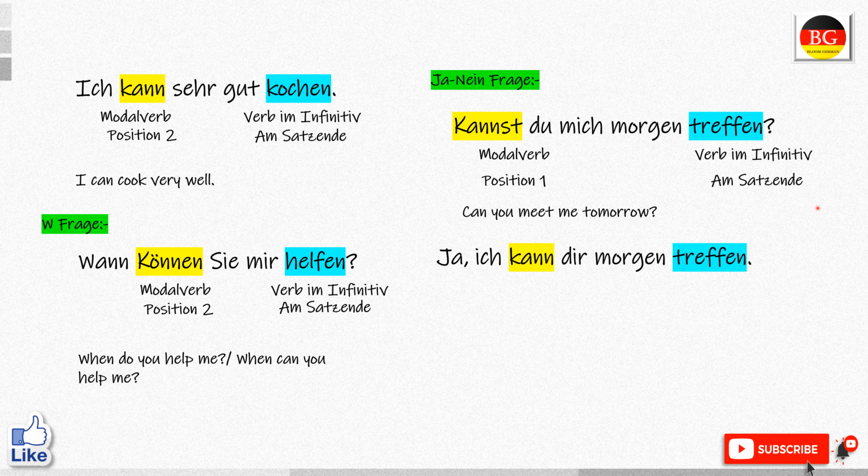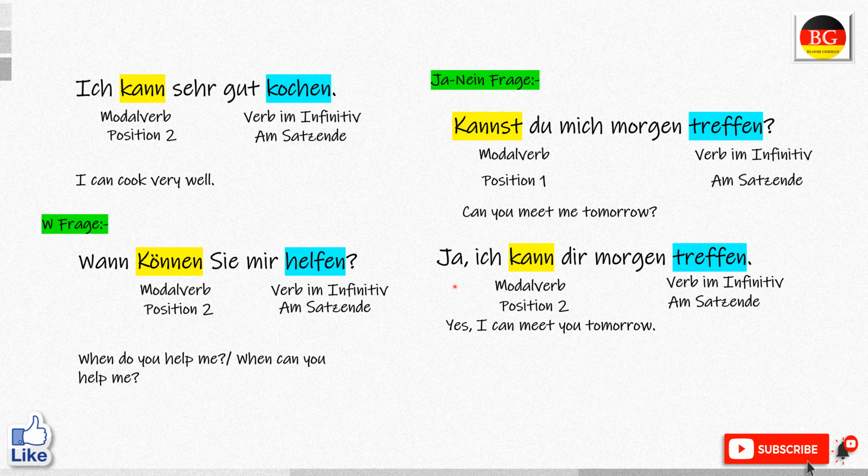Now, how to give the answer to this question? Can you meet me tomorrow? Ja, ich kann dir morgen treffen. Yes, I can meet you tomorrow. The modal verb takes position 2, then comes the object, and then the main verb in infinitive at the Satz end.